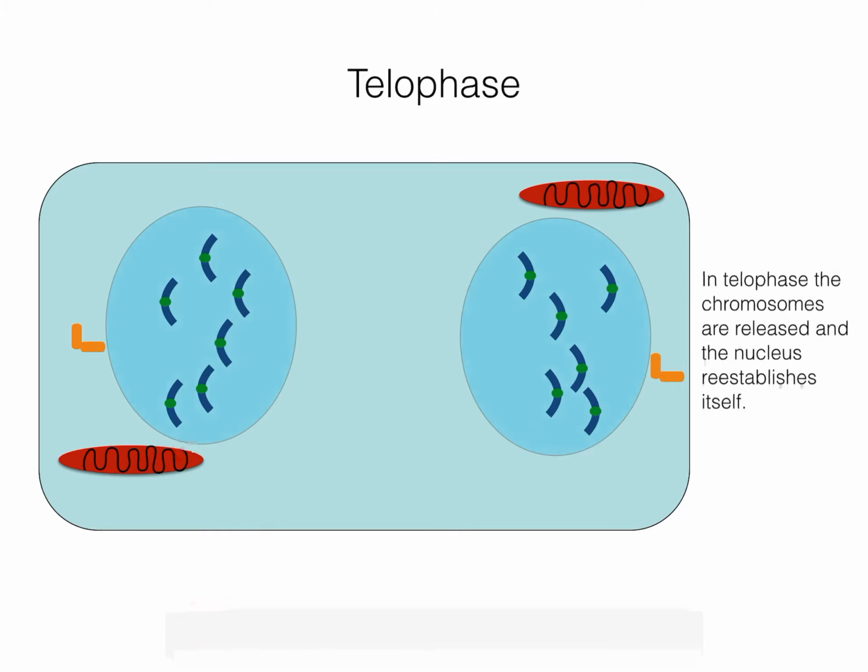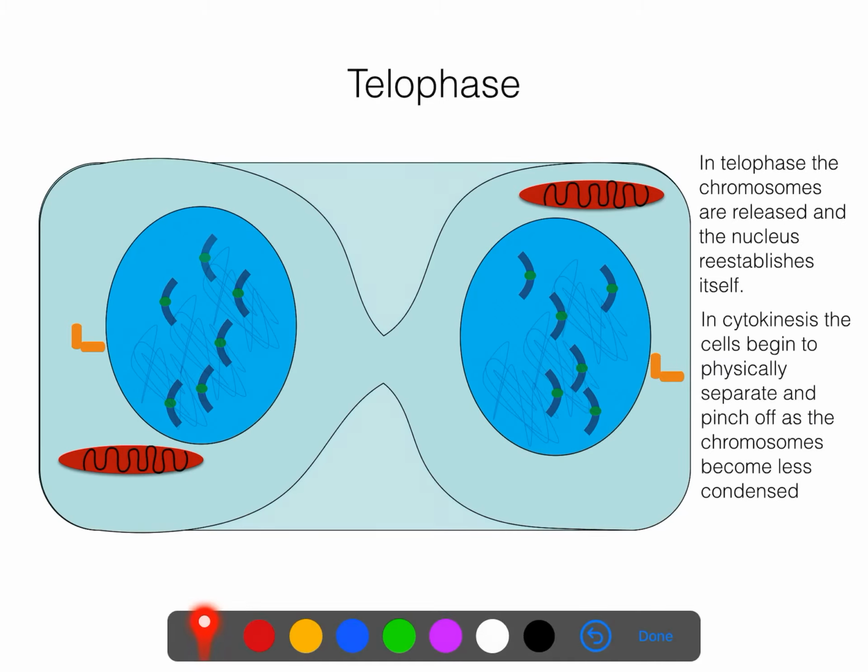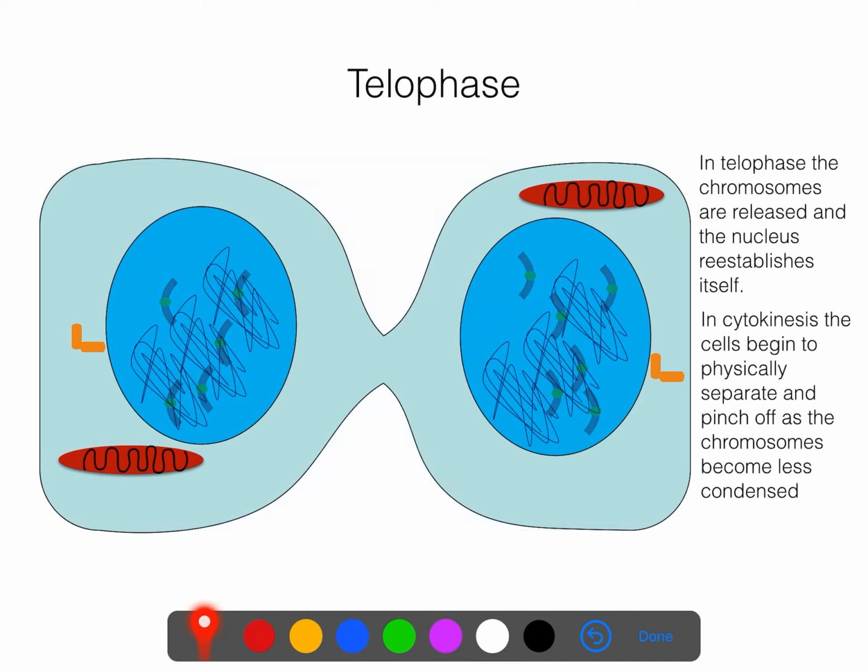And we get cytokinesis, where the cell will actually pinch shut. It sort of gets pulled in tight until these two things actually bubble and let go from one another, and you end up with two cells.